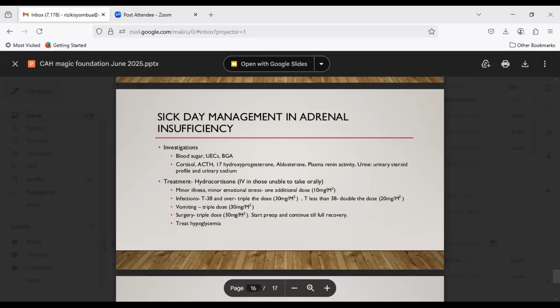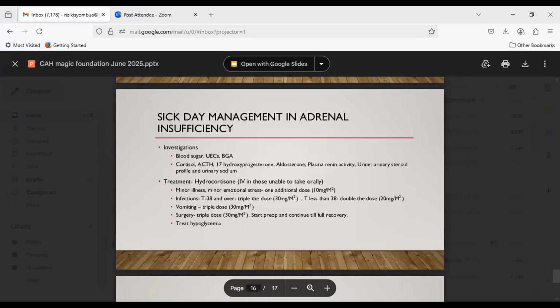If they are already known to have adrenal insufficiency, either from CAH or others, then for minor illnesses or minor emotional stress you may increase the dose. If you're giving 3 doses a day, you may add 1. If they have infections with temperature, some say above 39, we say above 38, you give 3 times the dose you normally give.